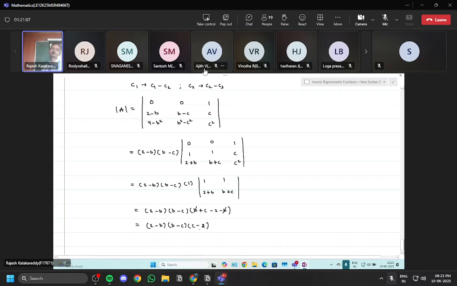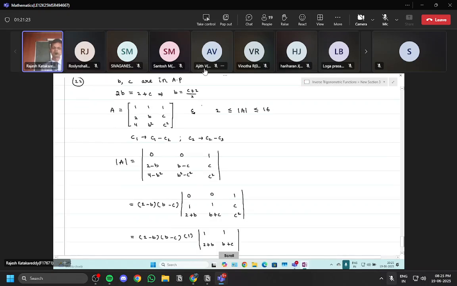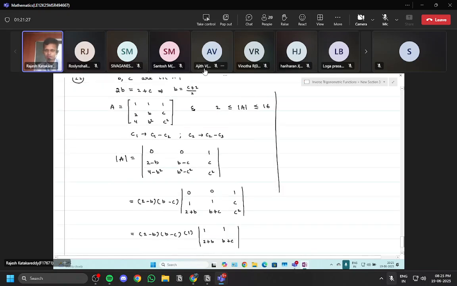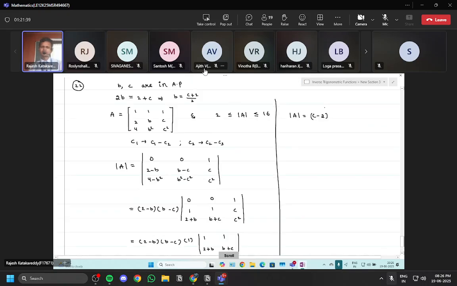I can solve this in different ways. They are asking the interval for c, so I can remove b. How to remove b? From here we can write b equals c plus 2 divided by 2. Let us substitute here. If we substitute the value of b here, now the determinant of A equals c minus 2. Maybe let us do one thing instead.